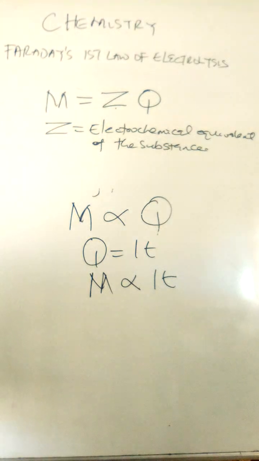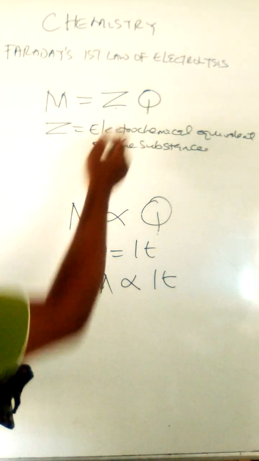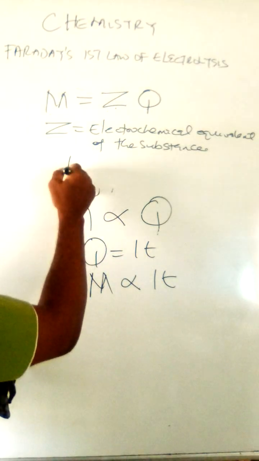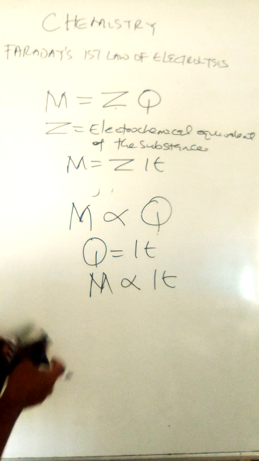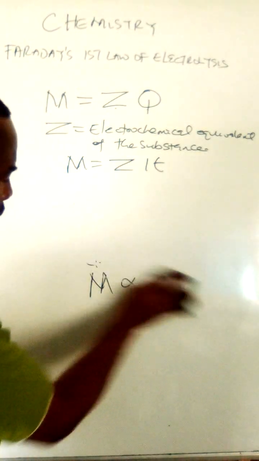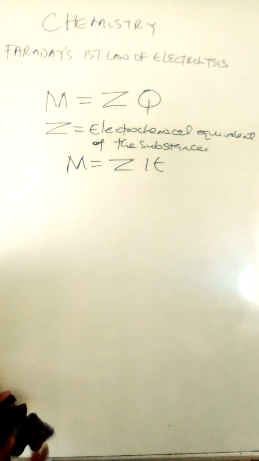So these are the equations of Faraday's first law: mass equals ZQ, or we can write mass equals ZIT, since quantity is current times time.